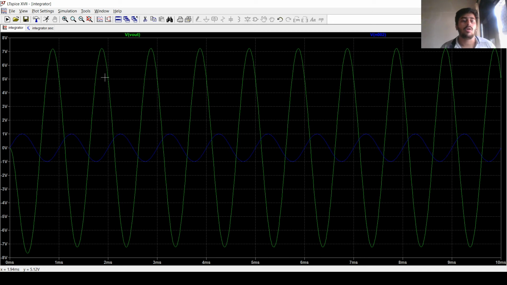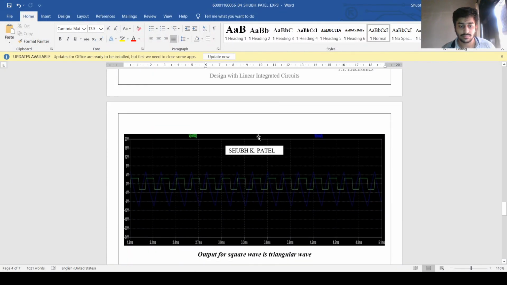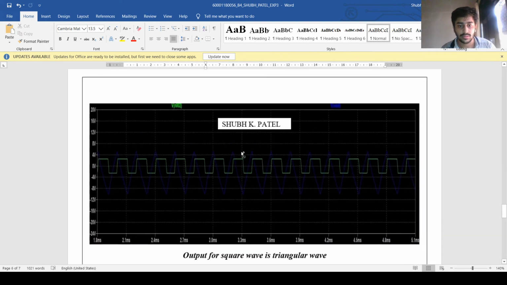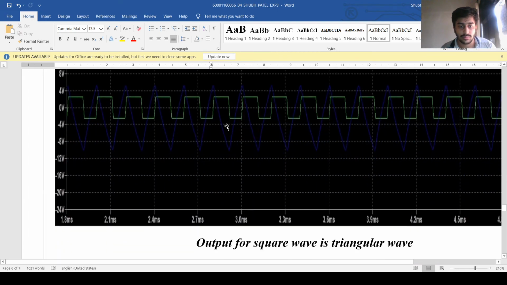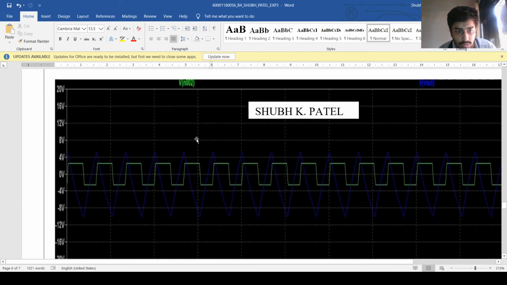I have performed for square wave and triangular wave as well. So let's move to it. For the square wave as the input, we got a triangular wave as output for the practical integrator circuit.